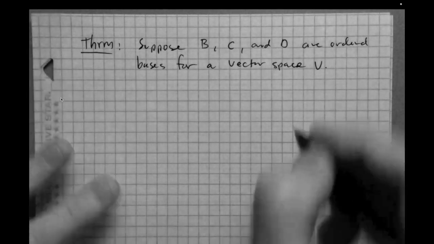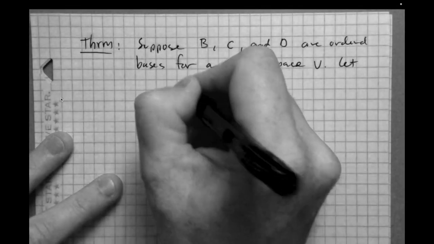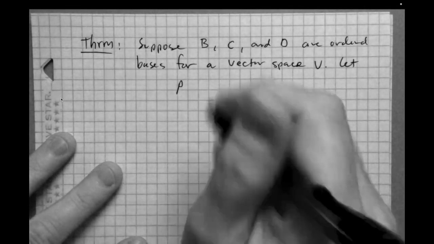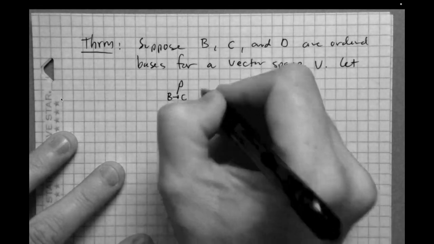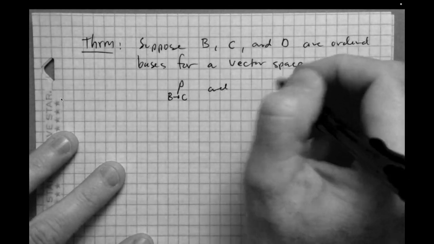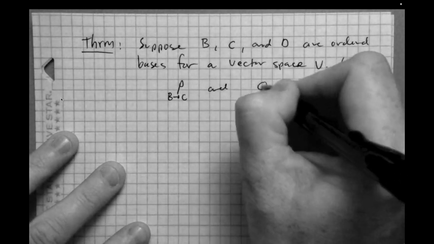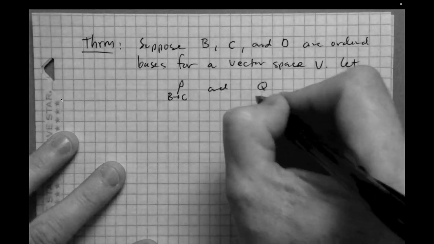And let P be the transition from B to C, and we're going to let Q be the transition from C to D.